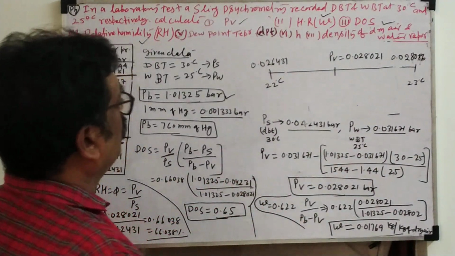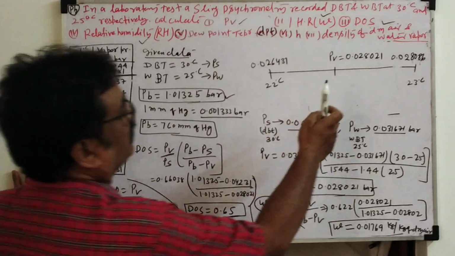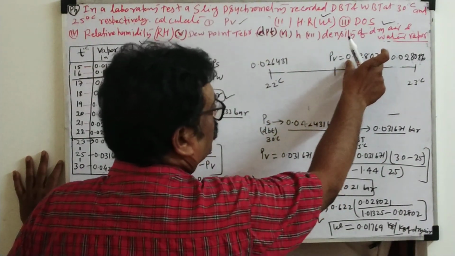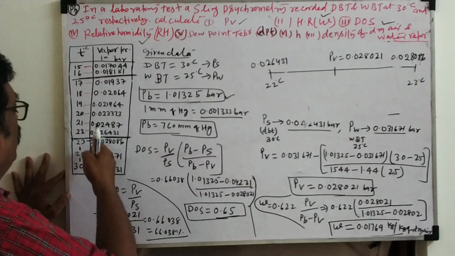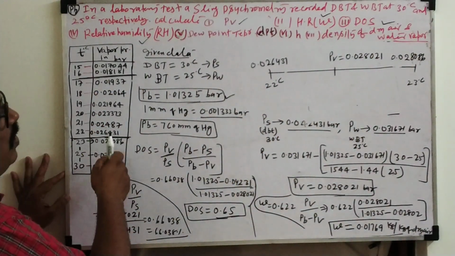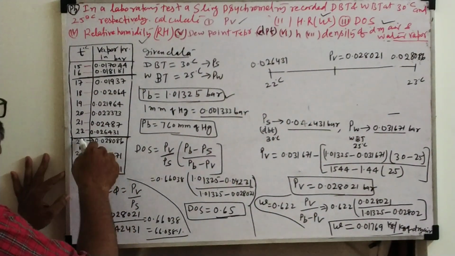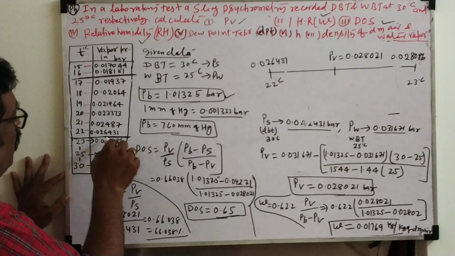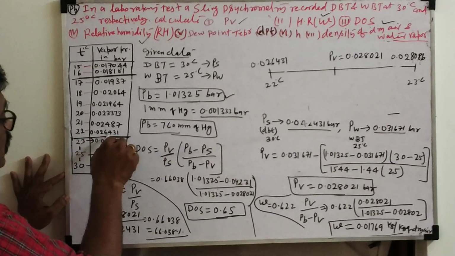Now how to calculate the dew point temperature? See this method. First, write the partial pressure of water vapor in the middle. You see in which temperatures this partial pressure belongs, between which temperatures. So you have to see this from the table. This value belongs between 22 and 23.